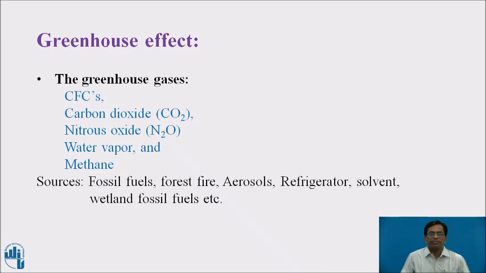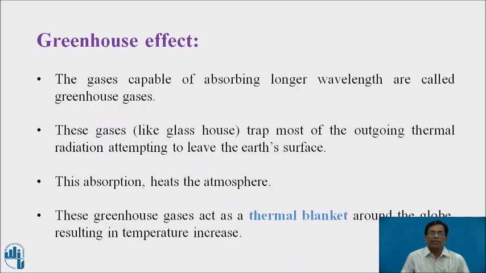Greenhouse effect. The greenhouse gases are chlorofluorocarbons, that is CFCs, carbon dioxide, nitrous oxide, water vapor, methane, etc. The sources are fossil fuels, forest fires, aerosols, refrigerators, solvents, wetlands, etc. The gases capable of absorbing longer wavelengths are called greenhouse gases.